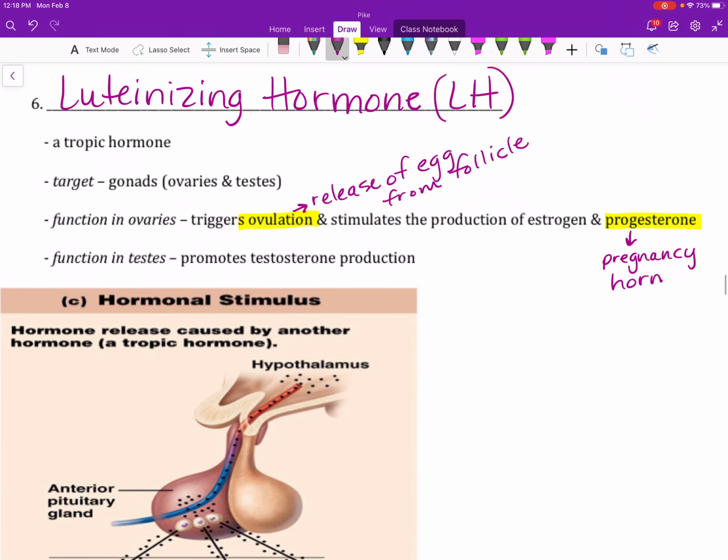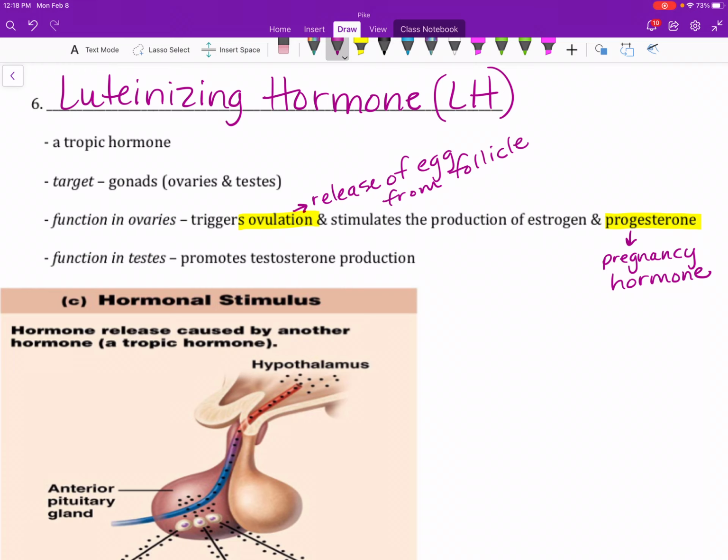If there is no fertilization, the egg is shed, the lining of the uterus is shed. We're going to get much more into that in reproductive system, and that causes a menstrual cycle. Progesterone then stops being secreted because there's no pregnancy, so you don't need a pregnancy hormone.